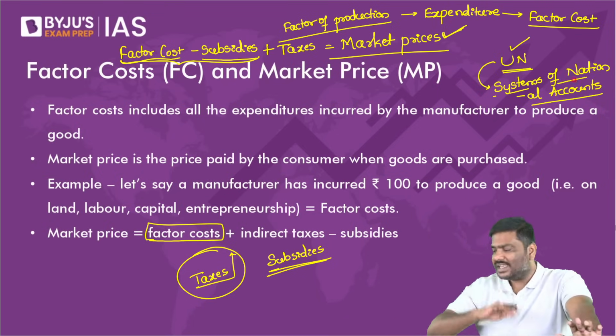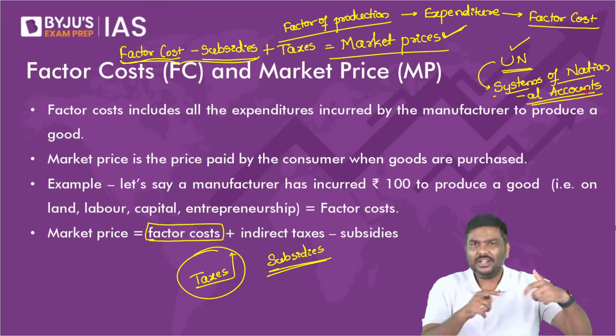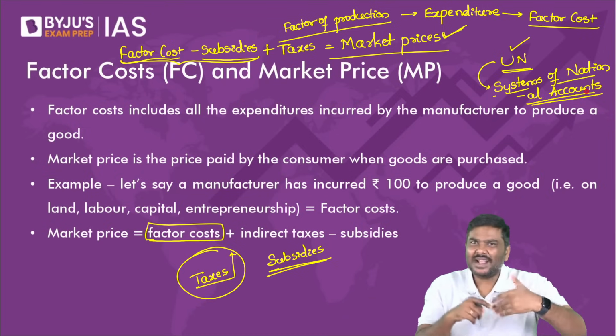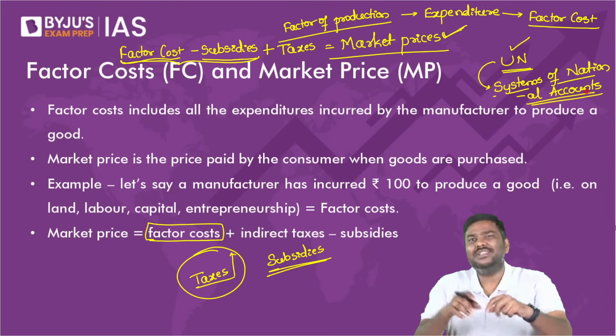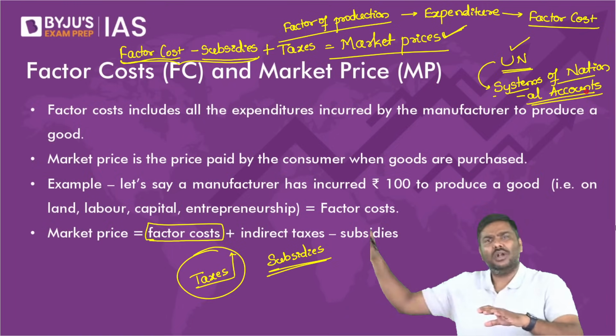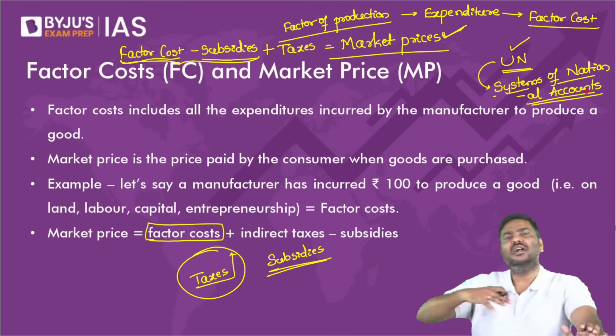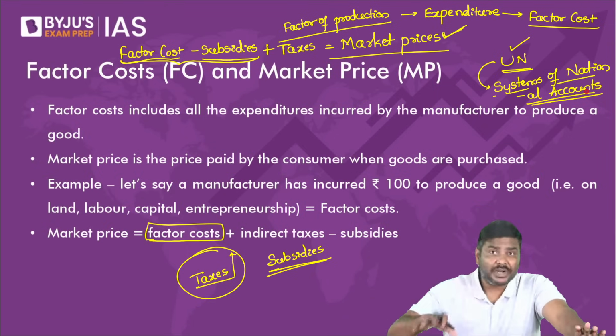Under the SNA, it says that to make a comparison from one country to another, we should calculate GDP through market prices. Many countries around the world, especially developed countries such as USA, Britain, etc., have already adopted this model.